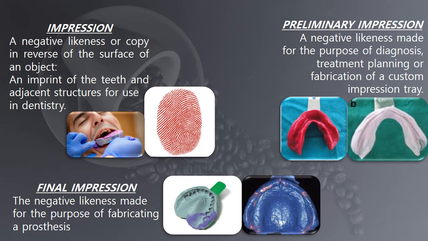Impression can be a preliminary impression or the final impression based on the need of a clinical situation or the laboratory situation. The preliminary impression is defined as a negative likeness made for the purpose of diagnosis, treatment planning, or the fabrication of a custom or special tray.